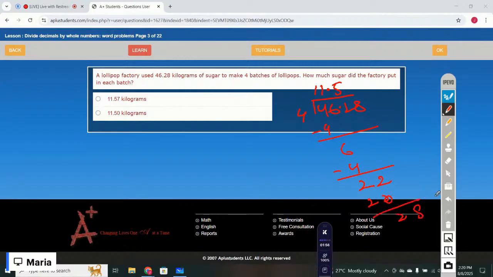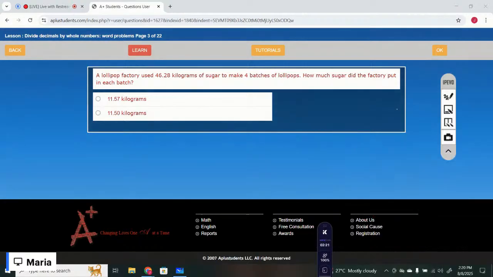Now bring 8 down. 4 times 7 is 28. Option number 1 is the correct option. That is 11.57 kilograms.